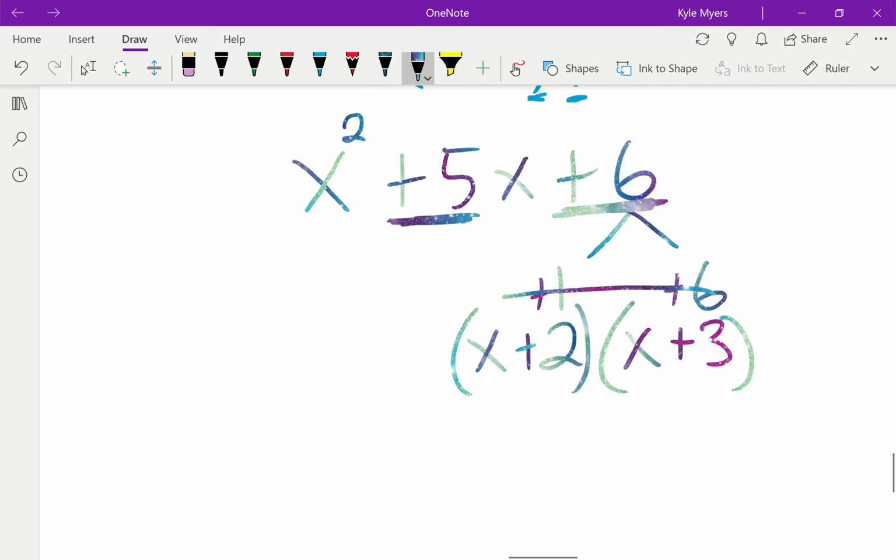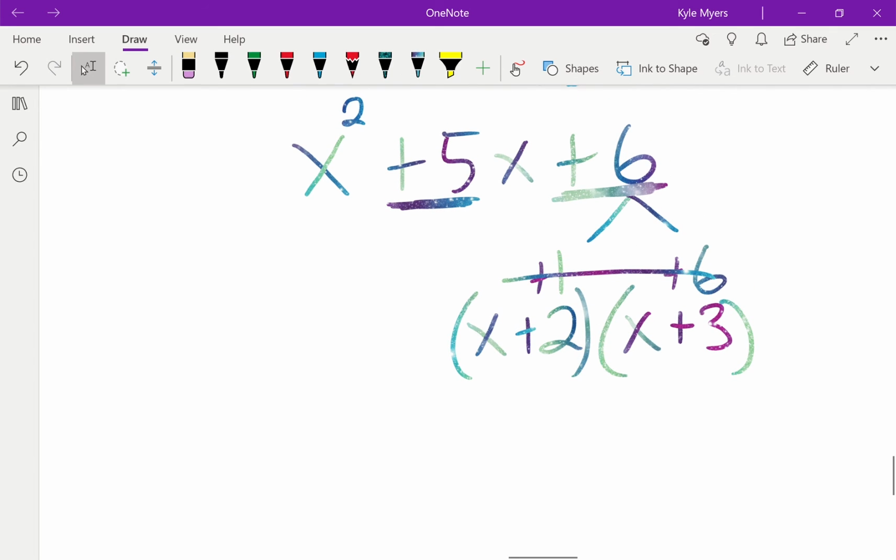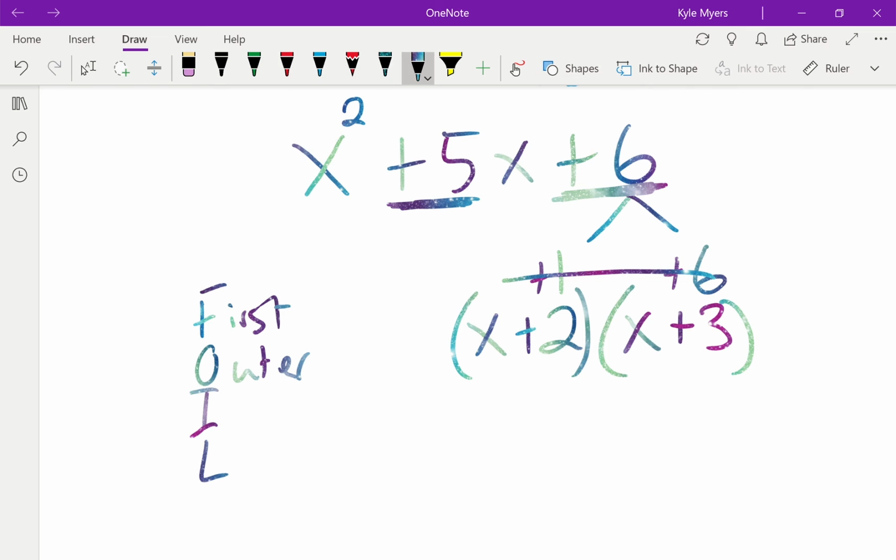All right, so since I had some time on the end here, I'm going to go ahead and do something extra. I'm going to FOIL this out. I'm going to check to make sure this works. So I should get x squared plus 5x plus 6 when I multiply this out, and I can FOIL it: F-O-I-L, first, outer, inner, and last.